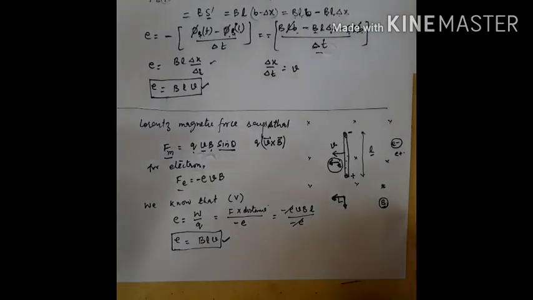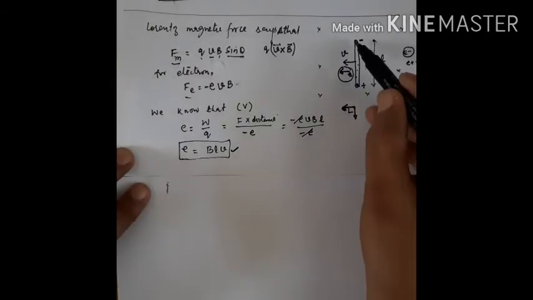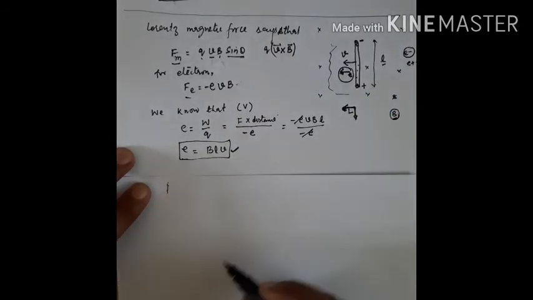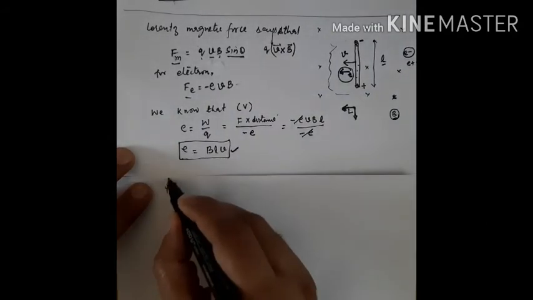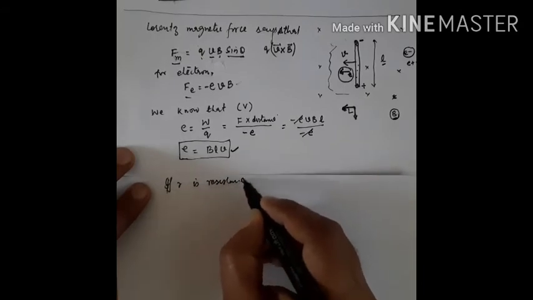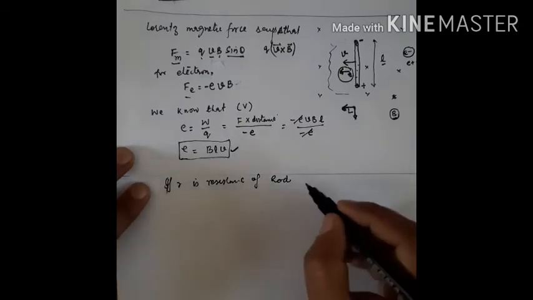Now further, I want to calculate the current. Suppose I connect the rod, and small r is the resistance of the rod, then what should be the current?